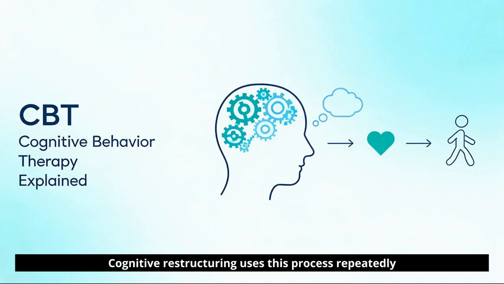Cognitive restructuring uses this process repeatedly to help clients develop more realistic and helpful ways of thinking. You can enhance this by naming patterns such as all or nothing thinking, catastrophizing, and mind reading when it feels helpful and culturally appropriate. Instead of arguing with the client's thoughts, you use collaborative, Socratic questions. For example, "What's the worst that could happen?